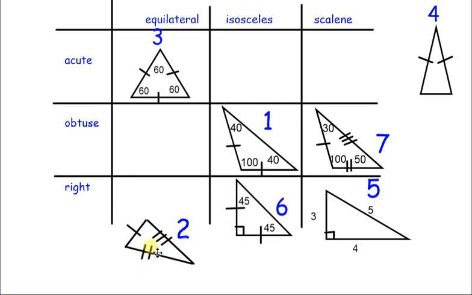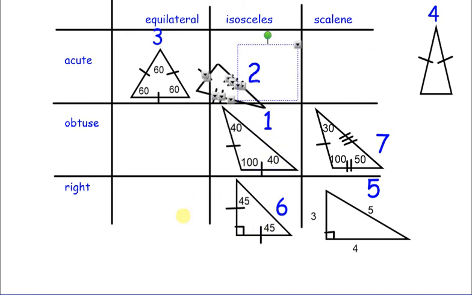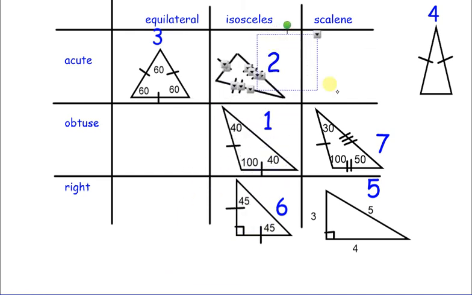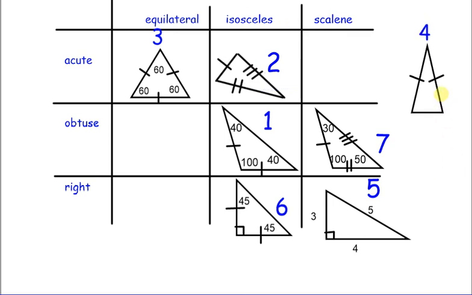Now in this one, I do not give you any specific mention about angles, but what you should be able to see is that these are all less than 90-degree angles. There's nothing that is bigger than a right angle, and so he is going to be acute and isosceles.